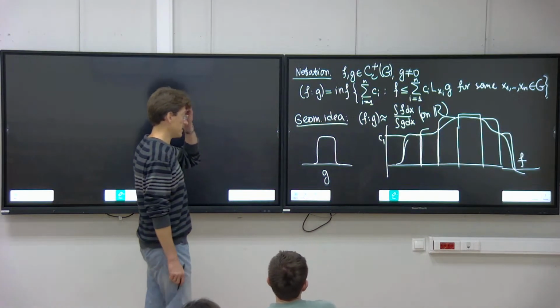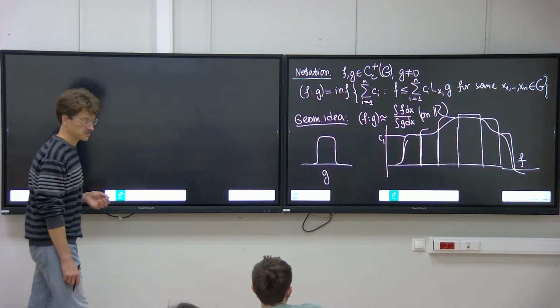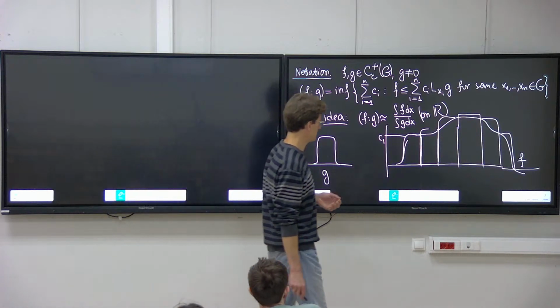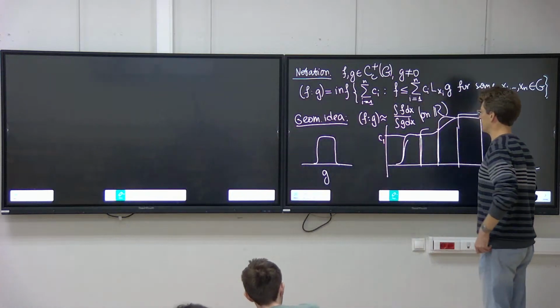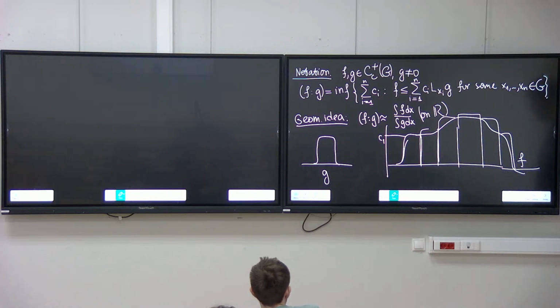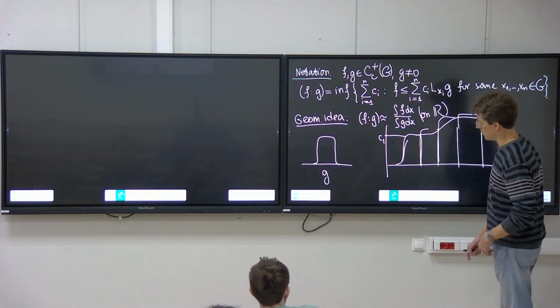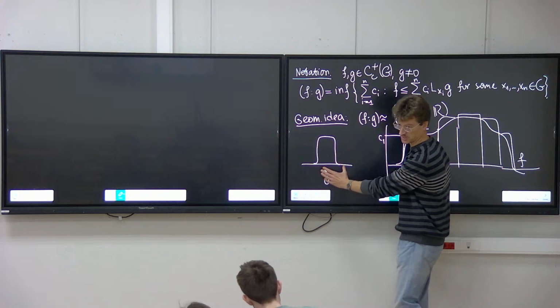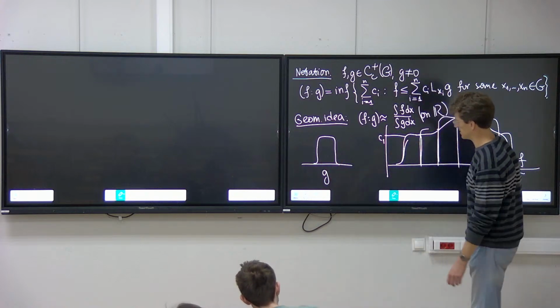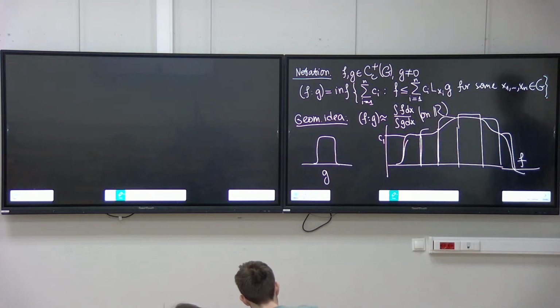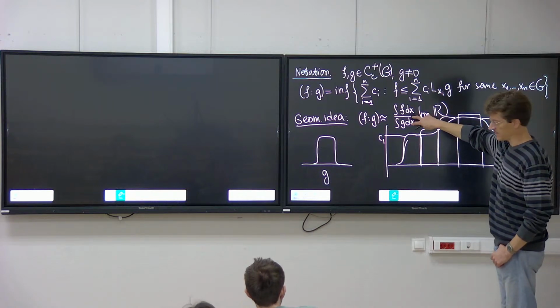And again, like in the geometric constructions that we discussed 10 minutes ago, to get a better approximation to this number, we must shrink the support of g. We must take the support of g smaller and smaller. But in this case, again, this number goes to infinity.